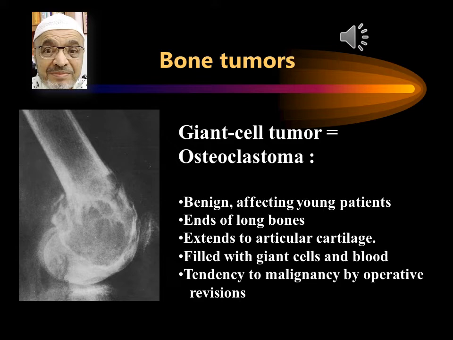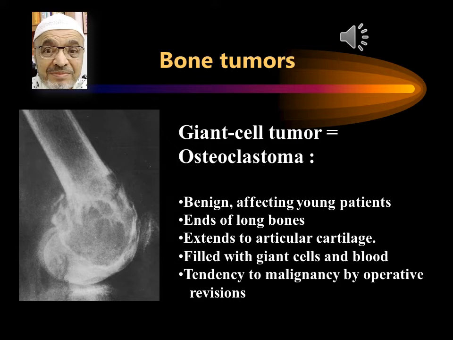It is a benign tumor affecting young people, at the end of long bones, like here at the distal end of the femur near the knee joint, extends to articular cartilage, filled with giant cells.